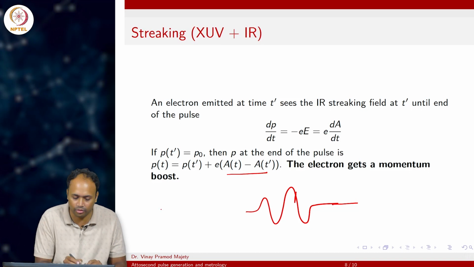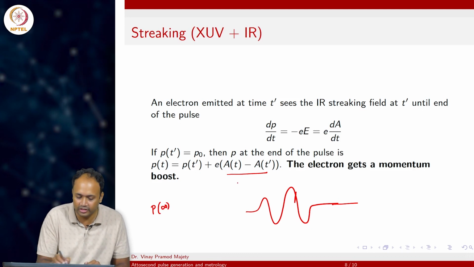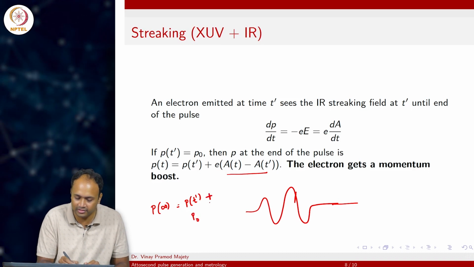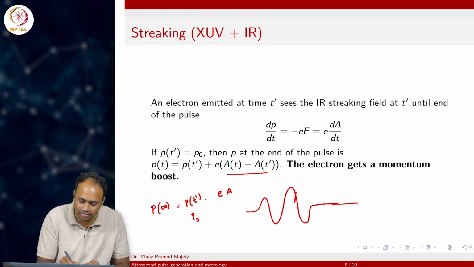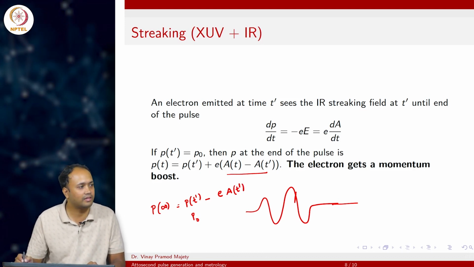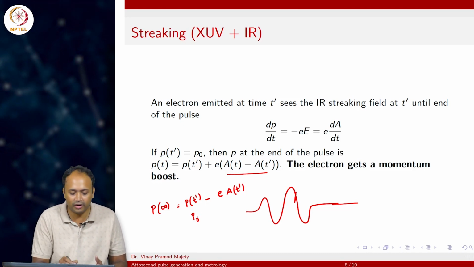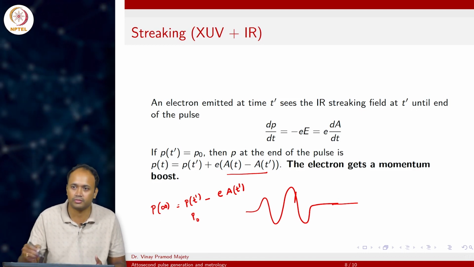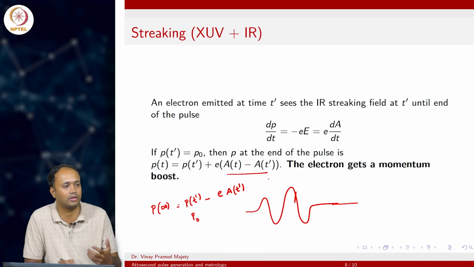For example, I want p at infinity, at large time once the pulse gets over, then this formula would tell me that it is p at t prime, which is the initial p naught, plus e times A at t prime, because A at t equal to infinity is 0, the laser field is over, so there is no vector potential. So what has got emitted at photoelectron energy p naught will pick up some additional momentum due to this field, and it gets modified by this p naught minus A at t naught, okay, and this is called streaking.